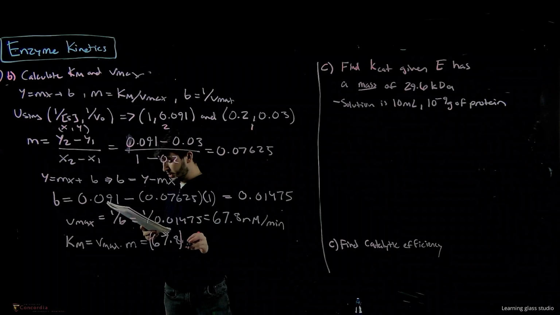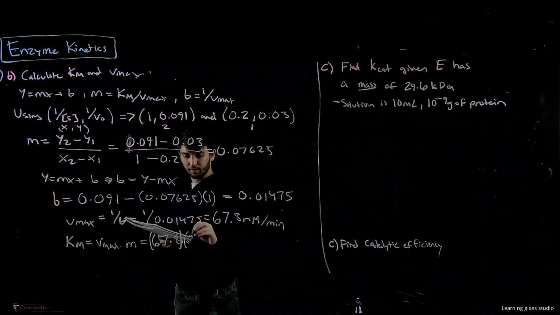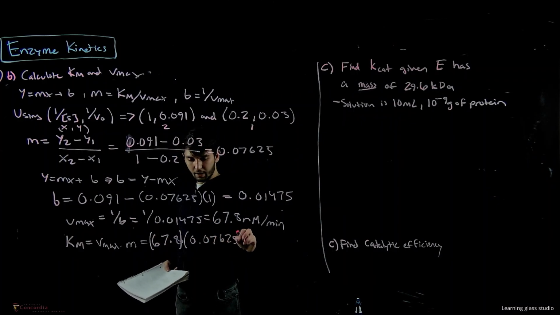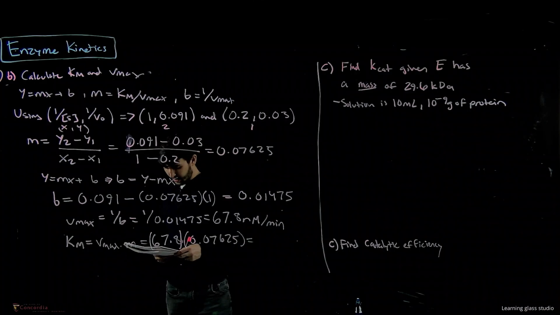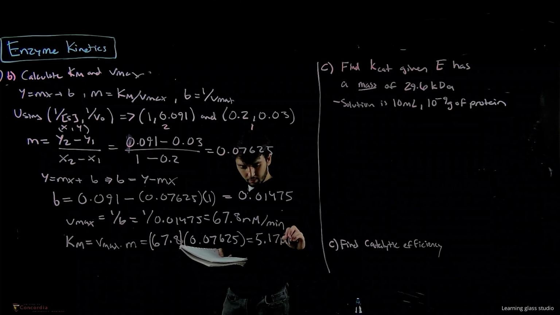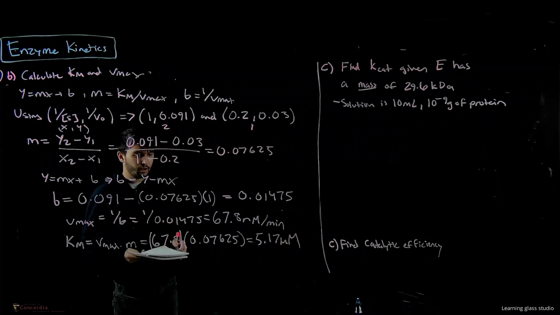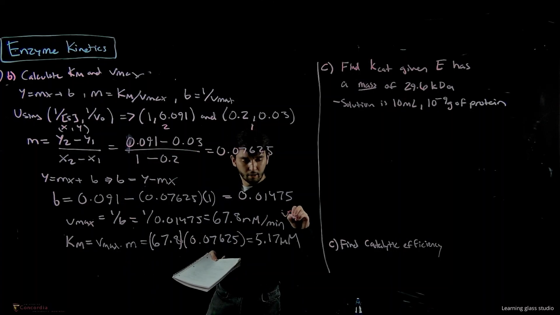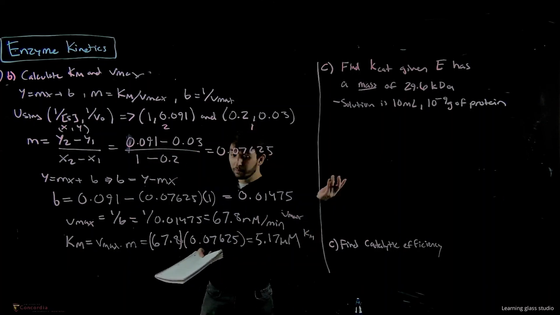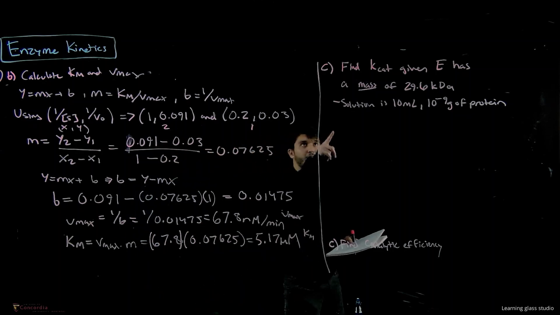So times our slope, which is 0.07625, and what we get is 5.17 micromolar, which is also about what we predicted. So this is our Vmax, and this is our Km. Not bad, lines up pretty well with our prediction. On to the next part.